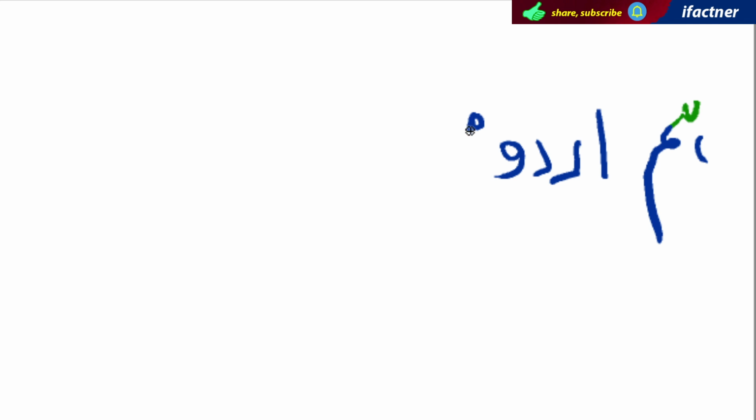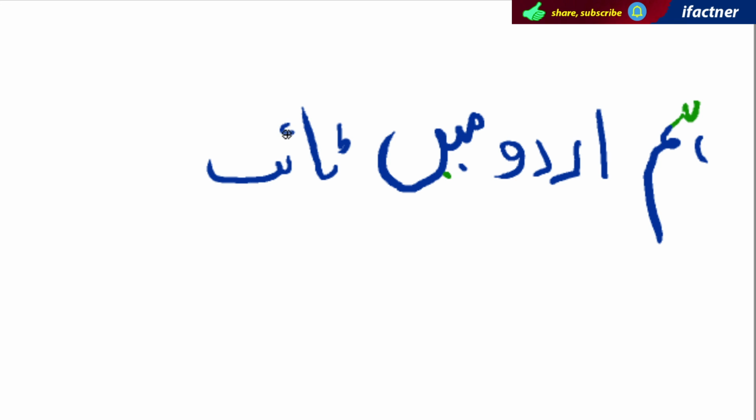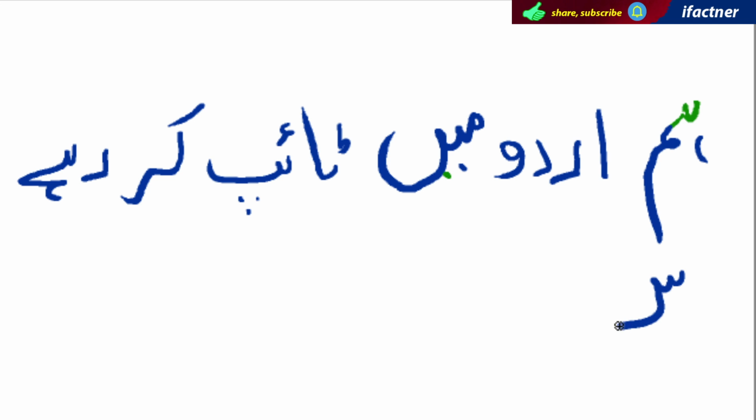Me, meme, ye, nuna. Me and type. We can write type te alif ye pe or te alif hamza pe. Type कर रहे, and in the end हैं, he, ye, nuna. हम उर्दू में टाइप कर रहे हैं.